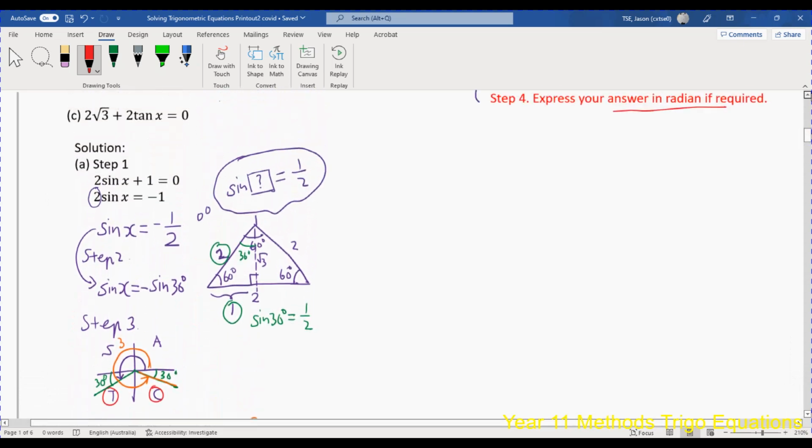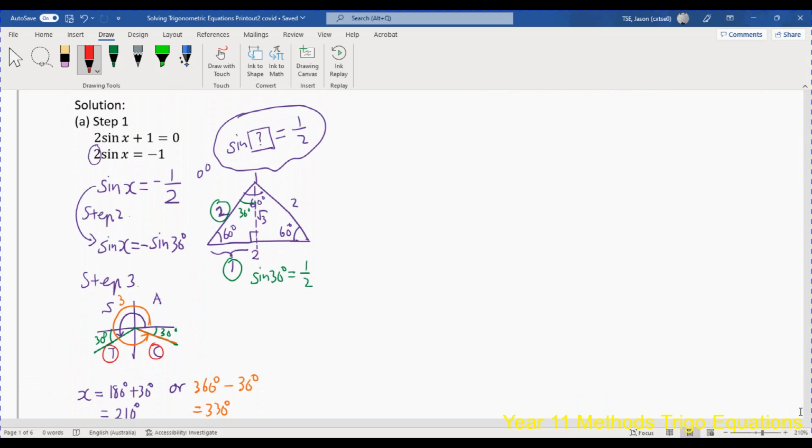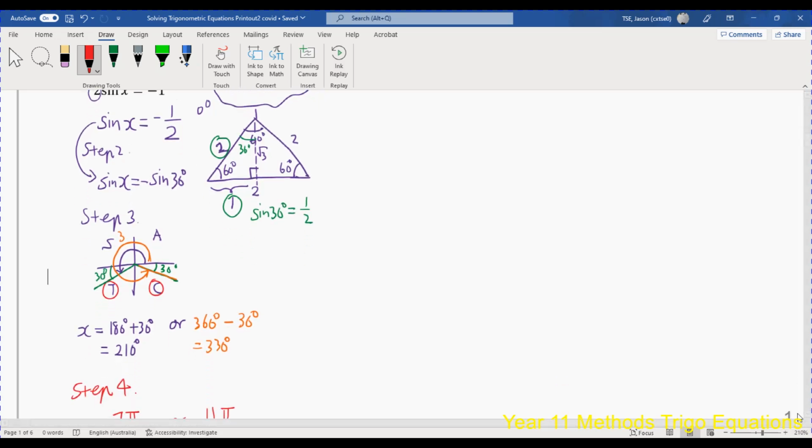Let me repeat quickly. What are the steps? Step 1, you need to see the trigonometry equation in the form of a sine or cosine something equals a number. And then you need to find the reference angle for that, the numerical value of that number without considering the negative sign at that stage. You draw those triangles. Good.